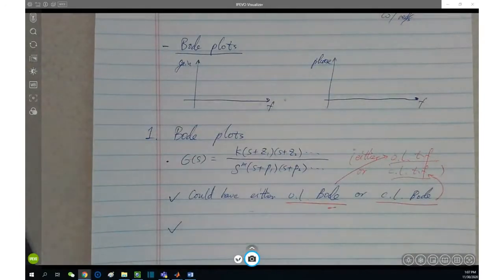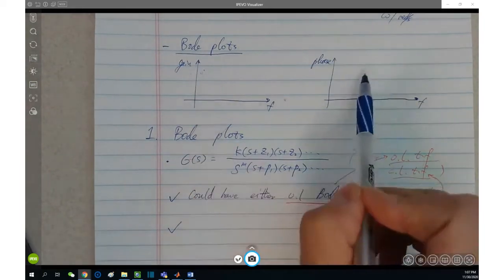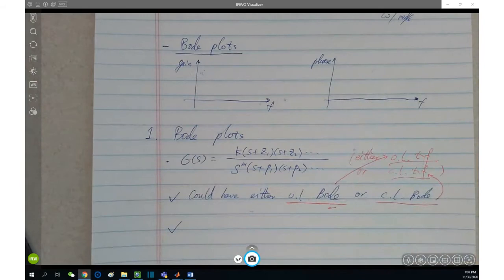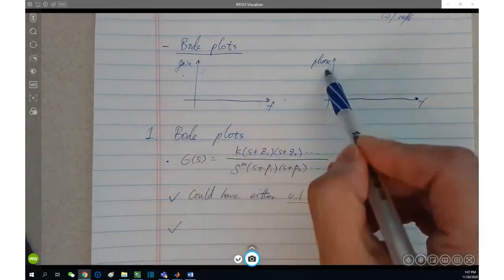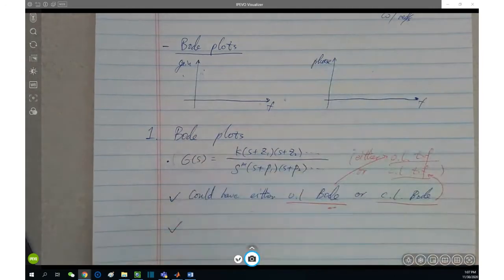The second thing you need to understand is how we come up with the magnitude and the phase of the transfer function as a function of frequency. Does it make sense?